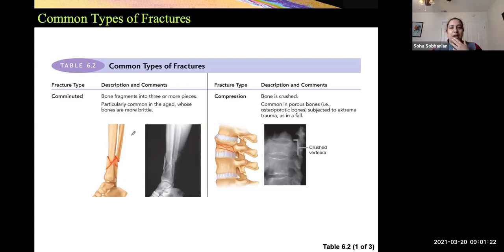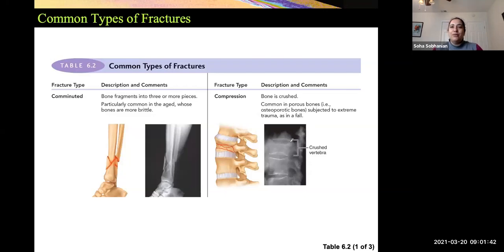So you can actually see the size of the vertebra, and you can see that when the bone is crushed, it literally crumples on itself. Extremely painful, takes months for it to heal, and really you can't do anything for it.